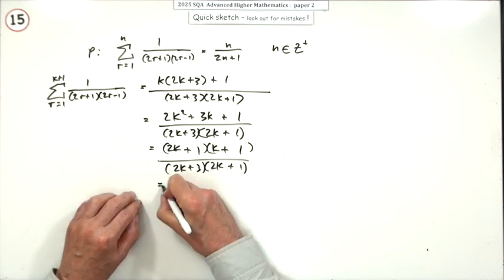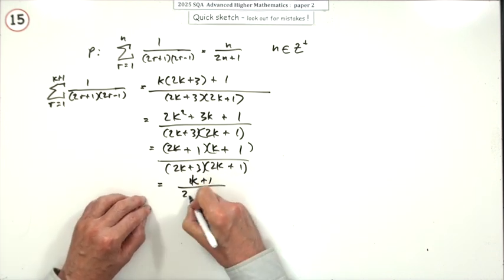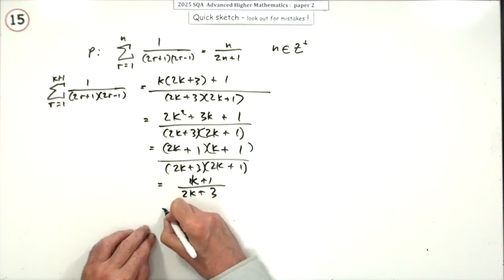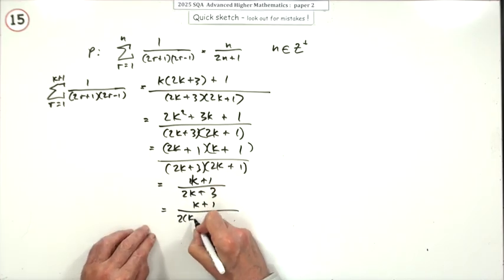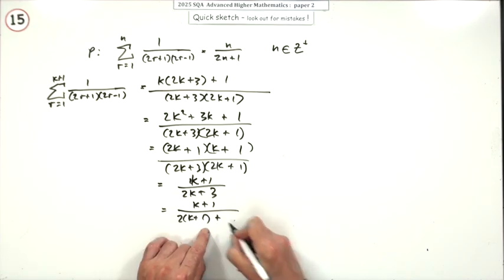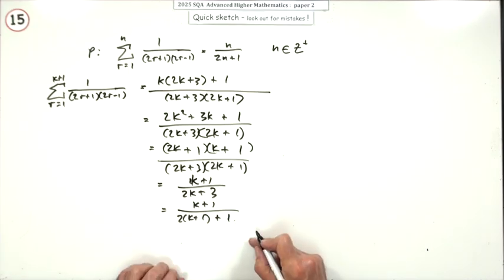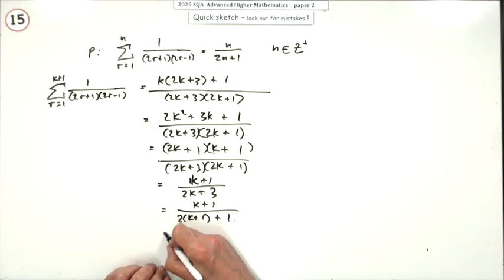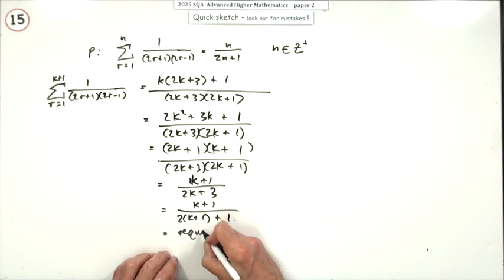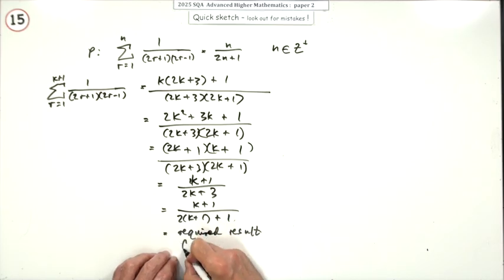They disappear, so I'm left with k plus 1 over 2k plus 3, and I can rewrite that 2k plus 3 as 2 lots of k plus 1 plus 1. And that's the required result. That's the result for n being replaced by k plus 1. So that equals the required result for n equals k plus 1.